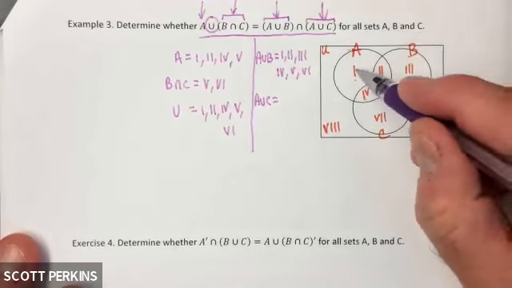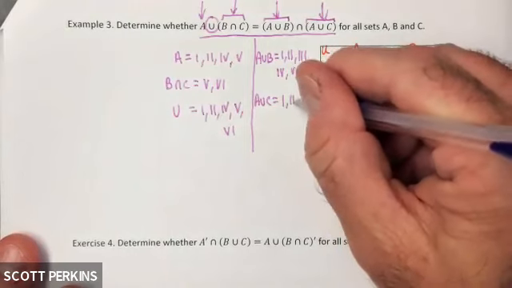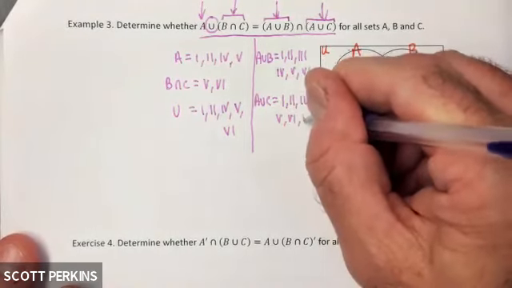Right, these ones right here, 1 and 2 and 4 and 5 and 6 and 7. So let me write that down, 1 and 2 and 4 and 5 and 6 and 7.